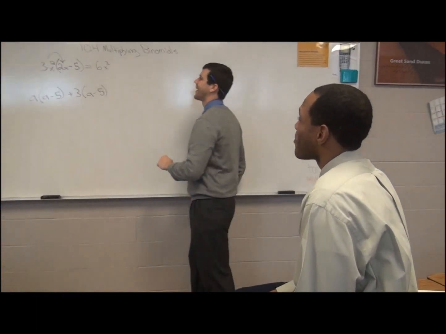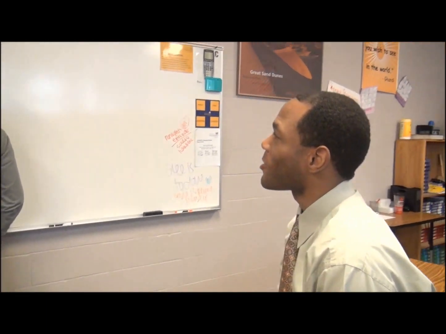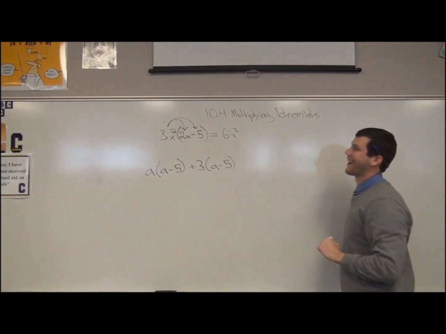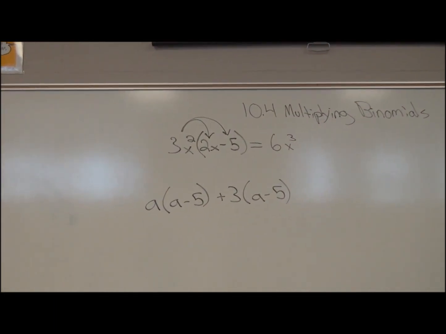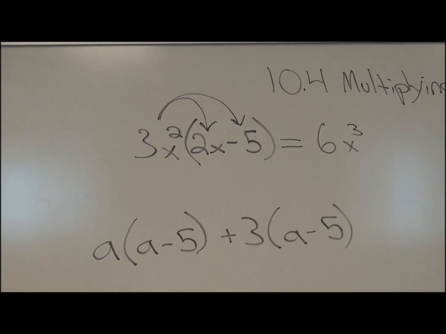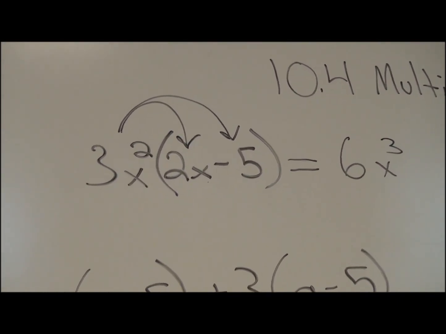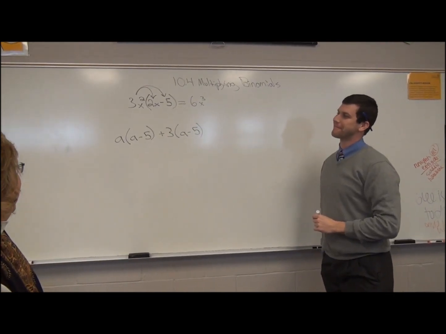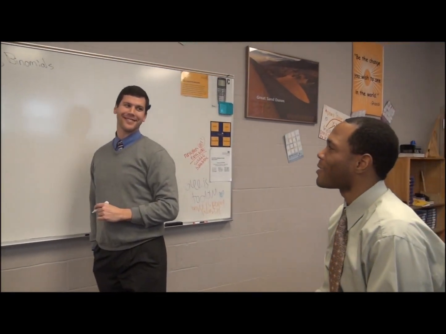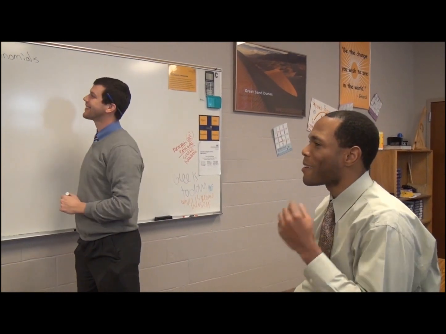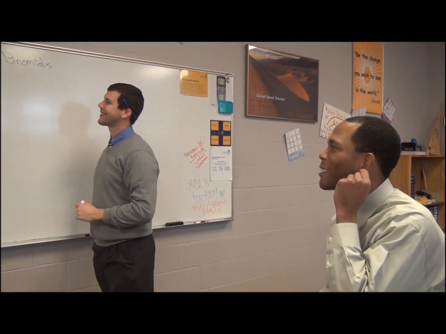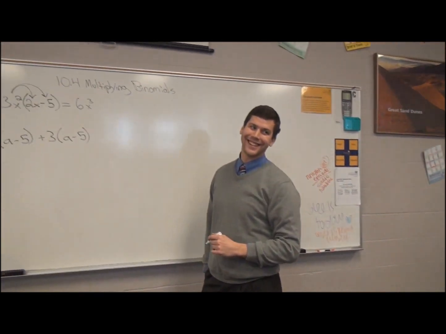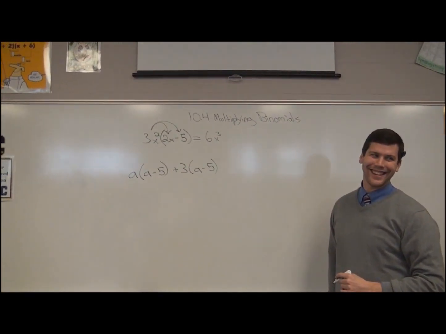The way I remember is I just did the whole thing, and I did 3x squared times negative 5. I looked at it as a negative 5 instead of subtracting 5. Very good. So 3x squared times negative 5 is a positive times a negative. I think it's a negative.